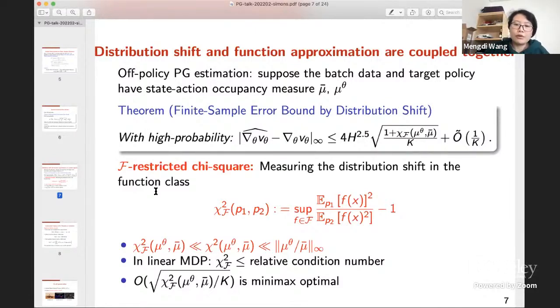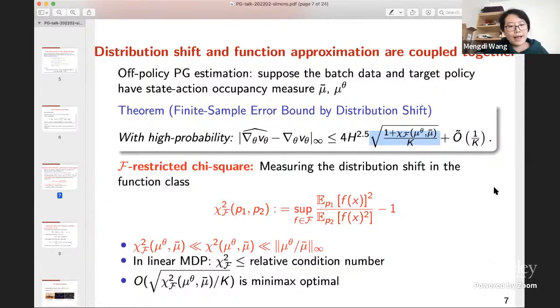Okay, so we try to refine the error bound and to get a reward-free version of the error bound. One can show that the policy gradient estimation error is actually bounded by a very interesting term here. It is the square root of a particular divergence function between the batch data distribution and the target policy's occupancy measure.